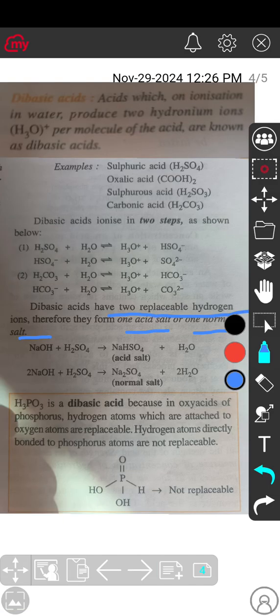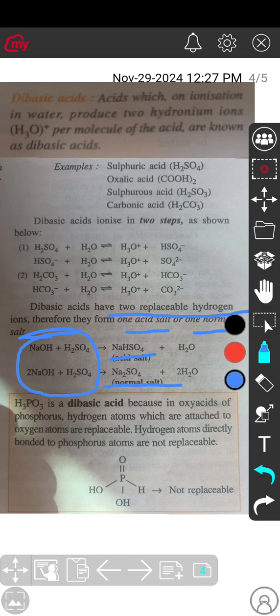Please learn it. NaOH plus H2SO4 gives NaHSO4 plus H2O. And the second equation: 2NaOH plus H2SO4 gives Na2SO4 plus 2H2O. You may ask why the reactants are the same but the products are different.